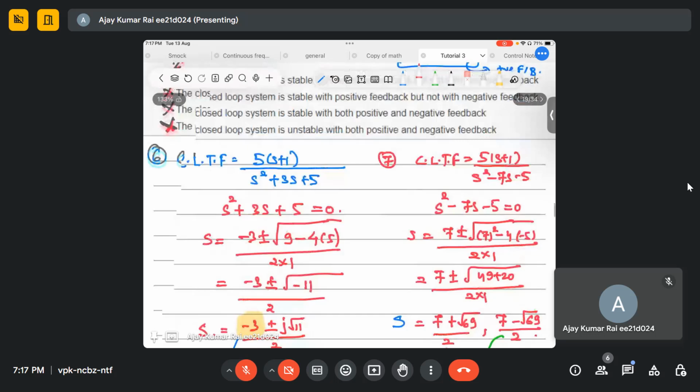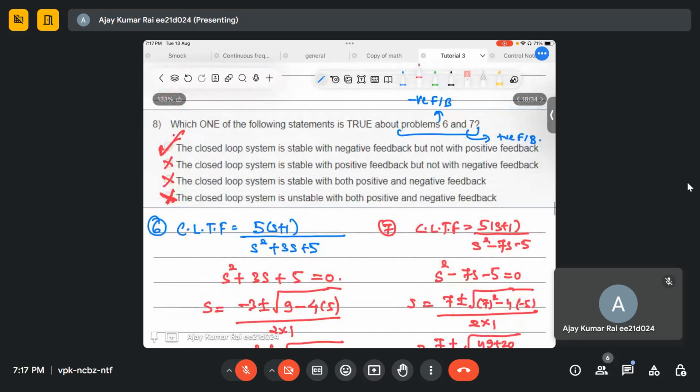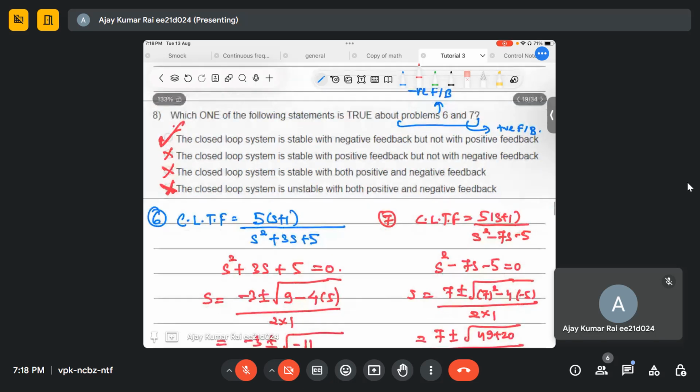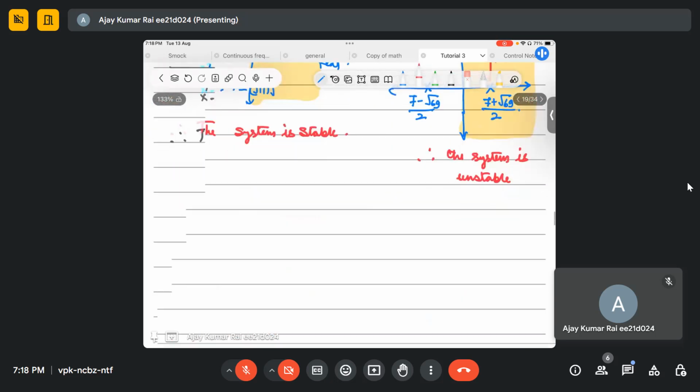Any doubt in this question? Question number 8: by finding out the poles of the closed loop transfer function, we are able to find out whether the system is stable or not. We'll go to the next question.